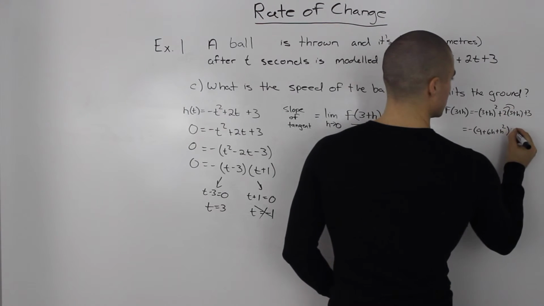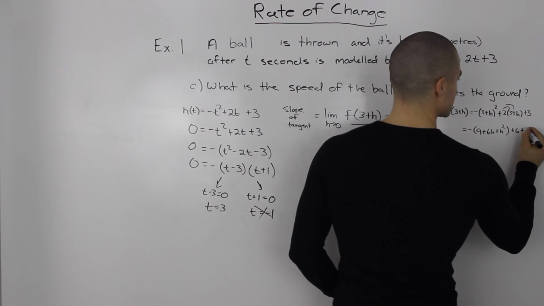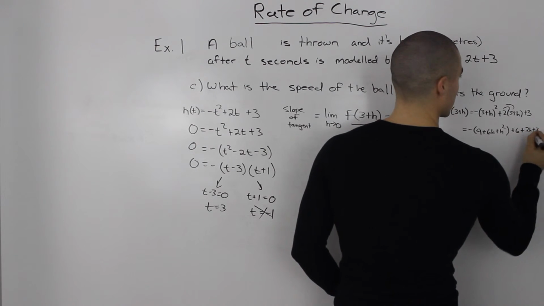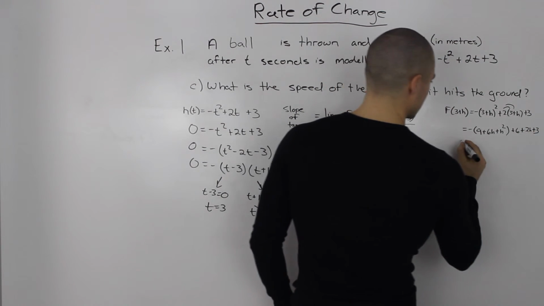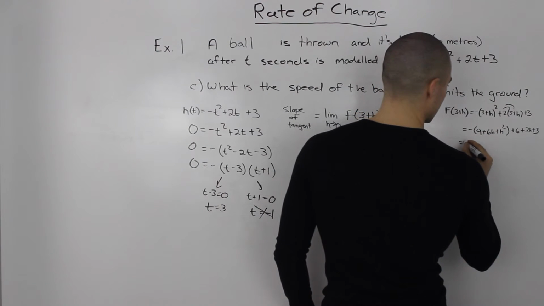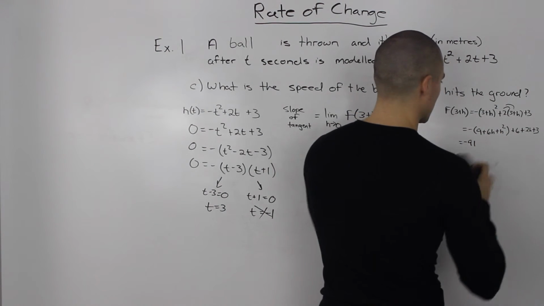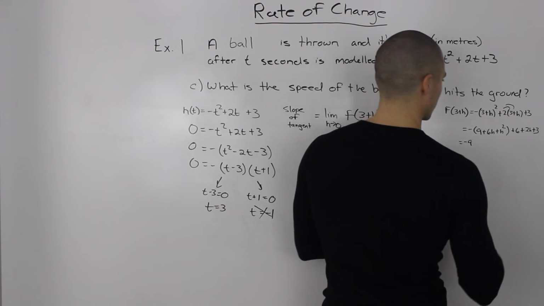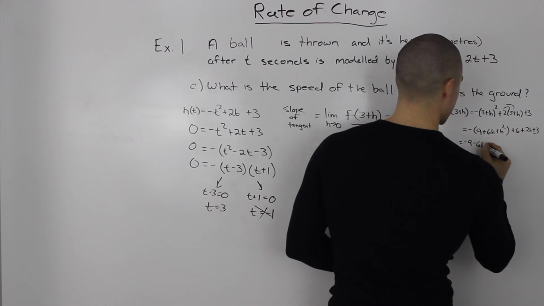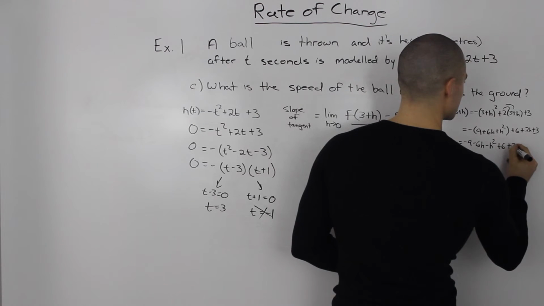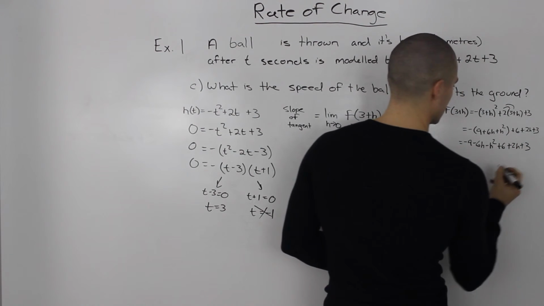Let's distribute the 2 in, so we'll have plus 6 plus 2h plus 3. Let's distribute the negative inside, so we'll have negative 9 minus 6h minus h squared plus 6 plus 2h plus 3.